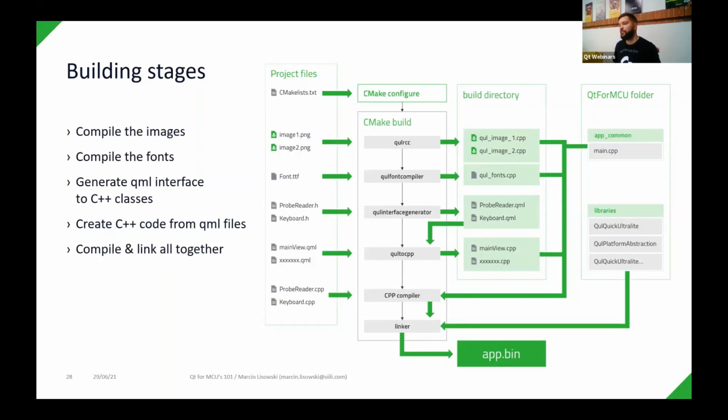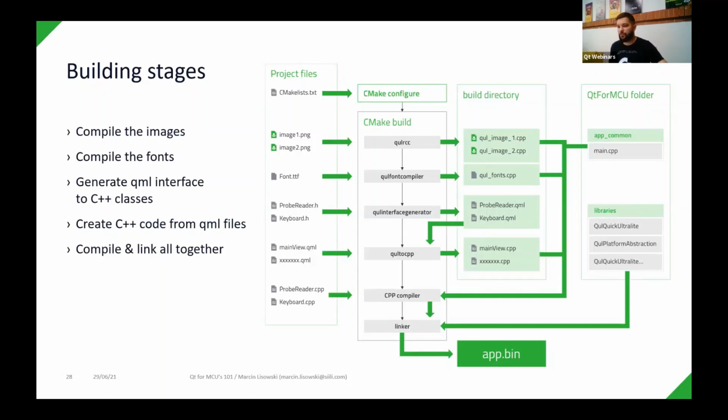It takes the C++ headers of C++ classes, and it translates those C++ classes to the intermediate QML files that are then passed to the next step together with your QML files.